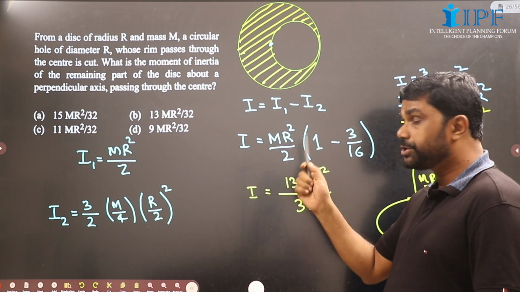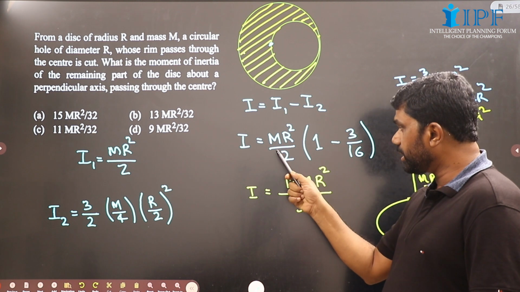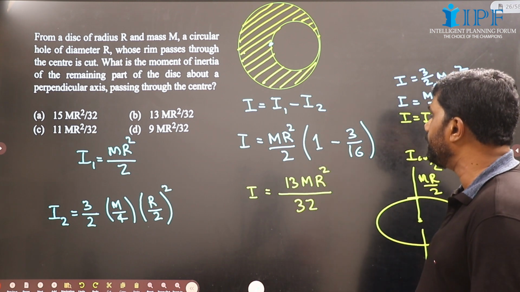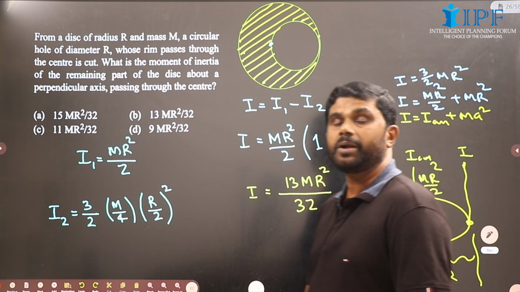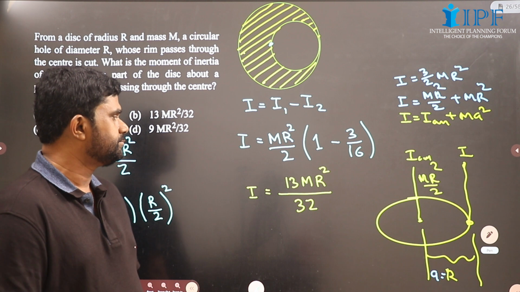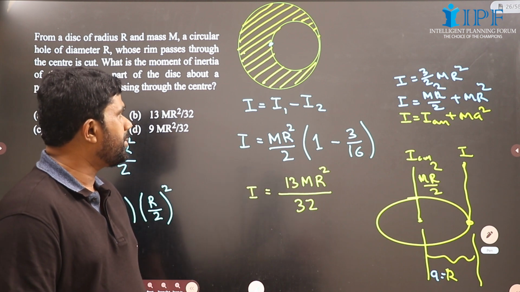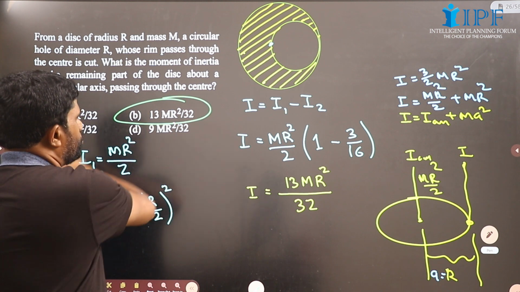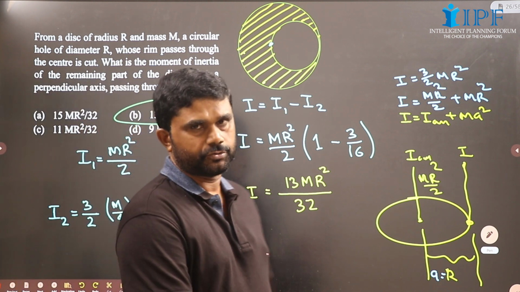MR² by 2 is common; taking it out, the first term is 1 and the second term is 3 by 16. 1 minus 3 by 16 is 13 by 16, so it will be 13 MR² by 32.